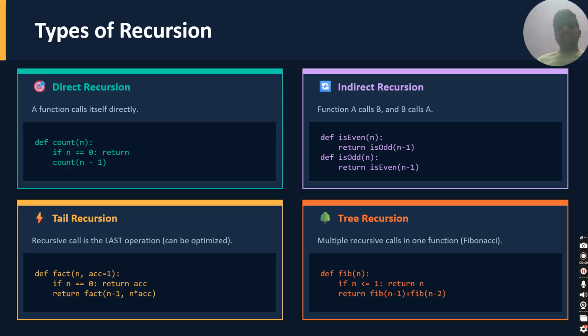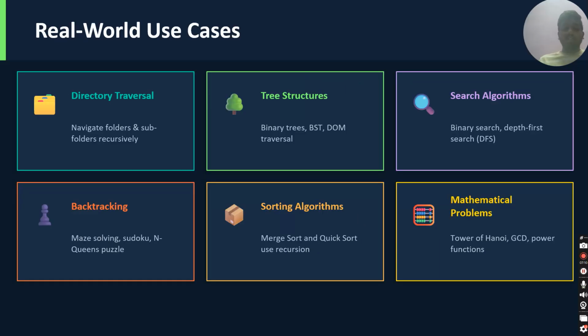In indirect recursion, function A calls B and B calls A. In tail recursion, the recursive call is the last operation, which can be optimized. And tree recursion means multiple recursive calls in one function. As I already mentioned, Fibonacci is the best example of tree recursion.